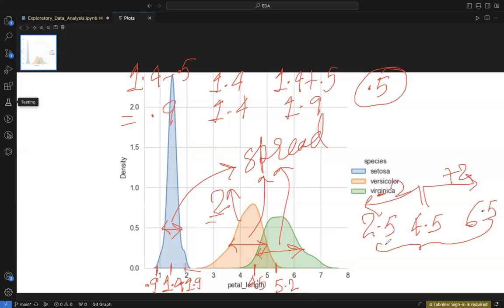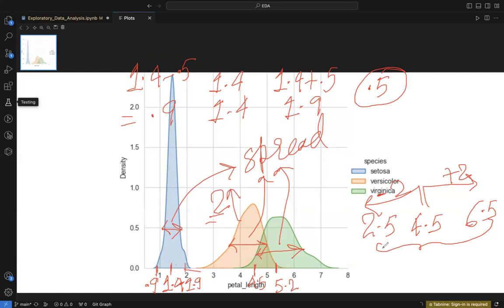Now imagine if I have to understand a distribution without plotting. Remember, all your computer plotting tools are only 40 to 50 years old. Prior to that, you didn't have tools to plot like this. People used to plot by hand.